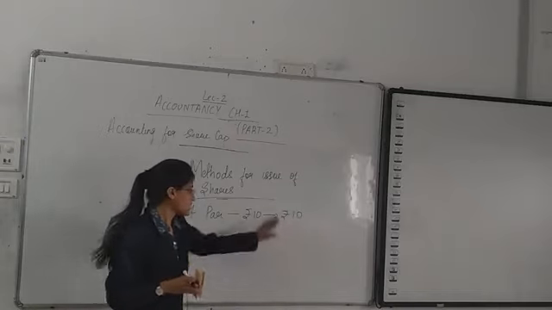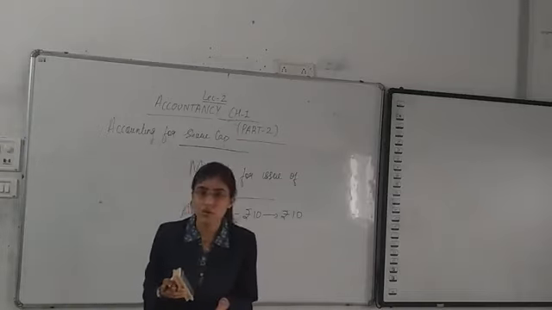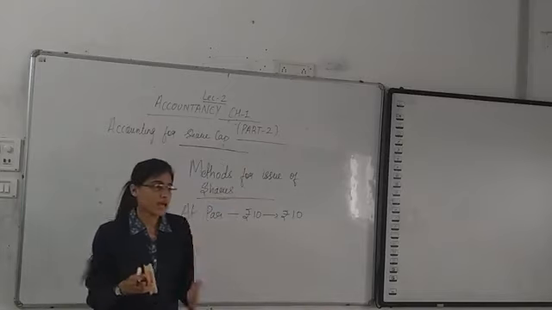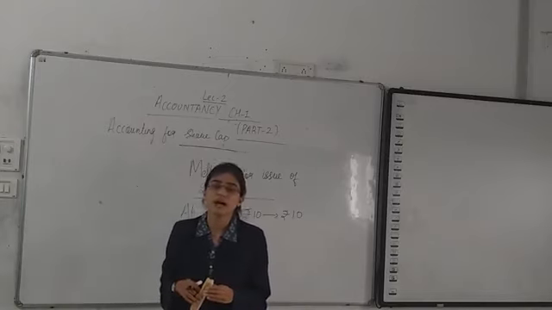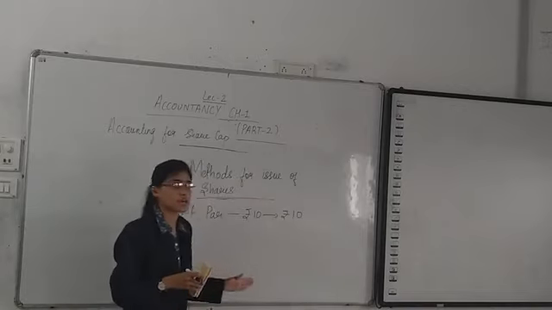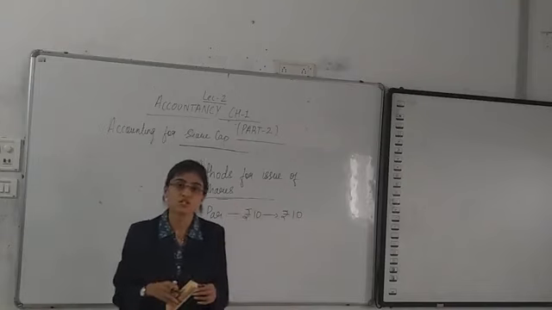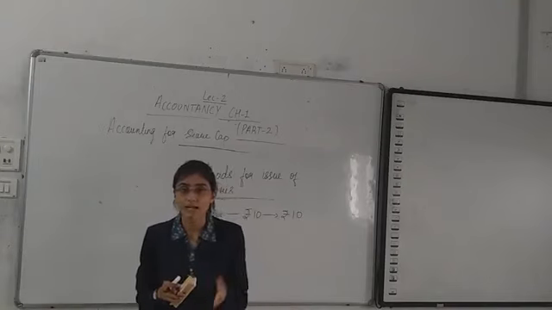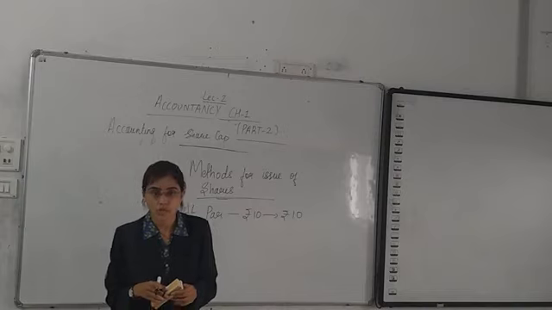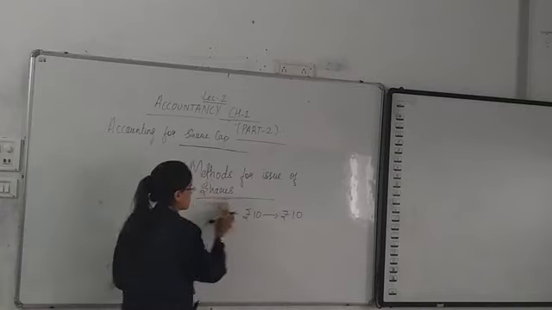Rupees 10 is the face value, the nominal value of our share, and the share has been issued at par. That means a share of 10 rupees has been issued for 10 rupees only. Alright? Okay.